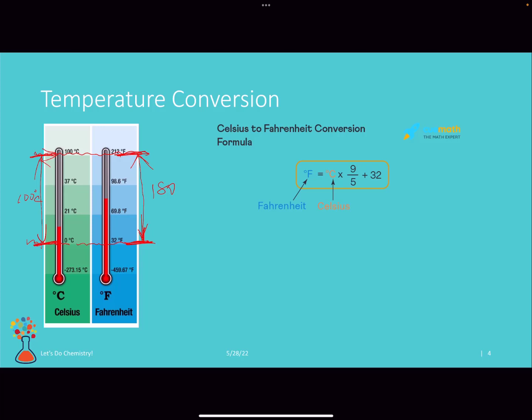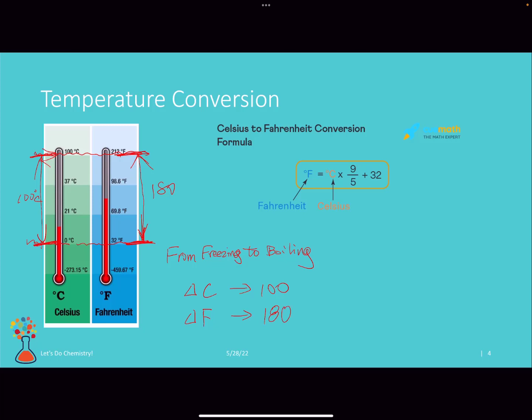From freezing to boiling, the change in Celsius is 100, and that's equivalent to the change in Fahrenheit, which is 180.